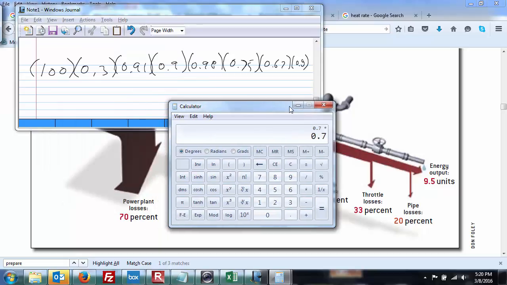Okay, so 100 times... hey, come on. How do I clear this thing?